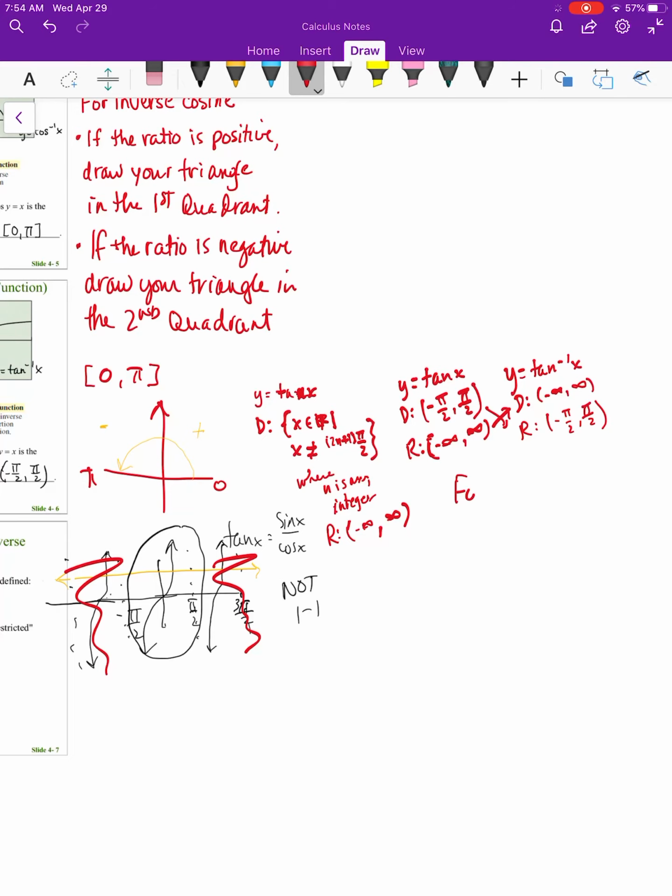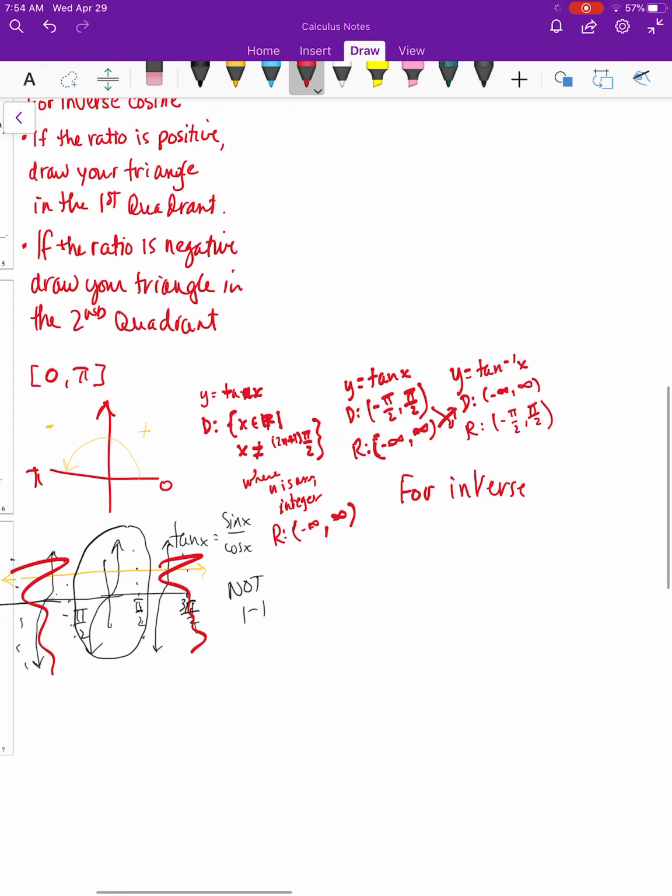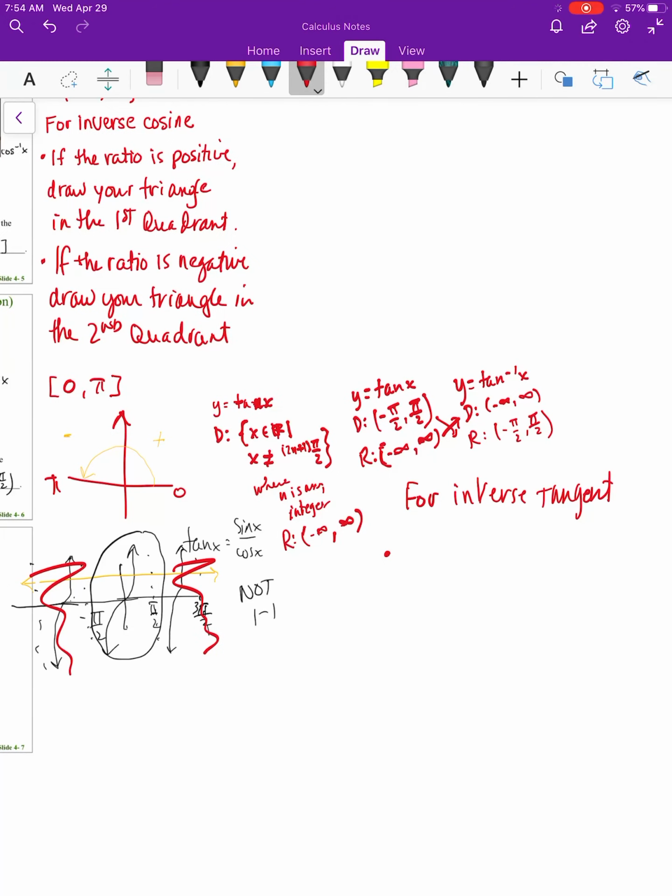So for inverse tangent, when you're looking at the ratio, because it's going to give you a ratio, like inverse tangent of 1 or something like that, this is going to be your ratio on the inverse tangent.